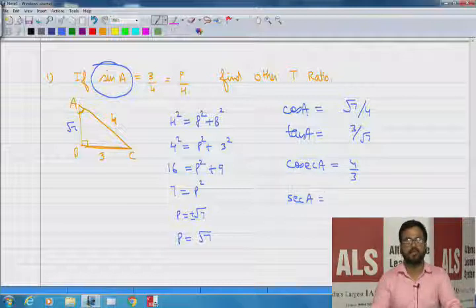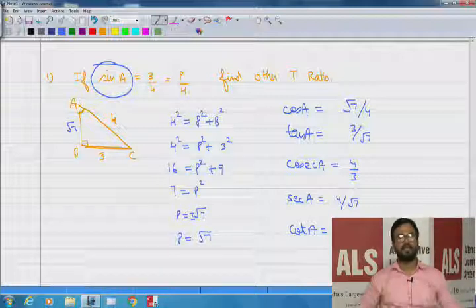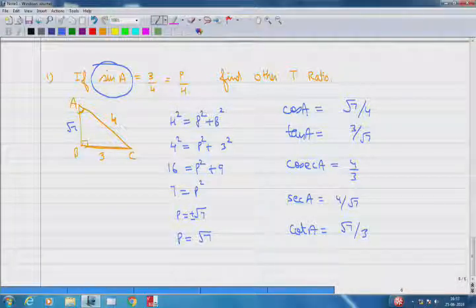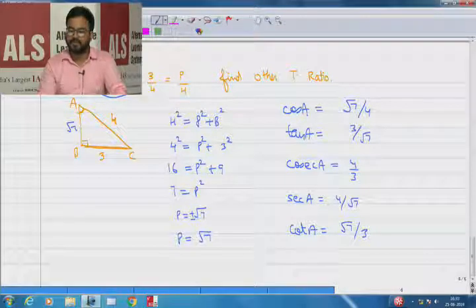Sec A is the reciprocal of cos A, which is 4 by root 7, and cot A is the reciprocal of tan A, which is root 7 by 3. I hope this is clear till now to all of you. Okay, so let's proceed further.